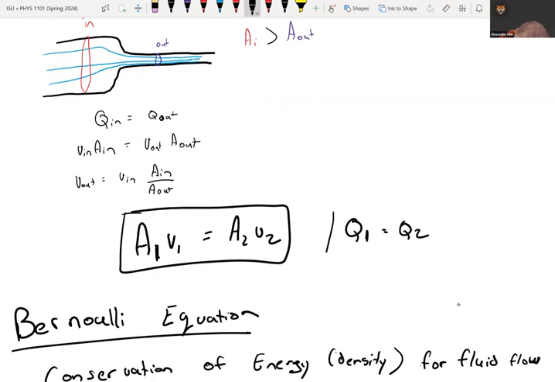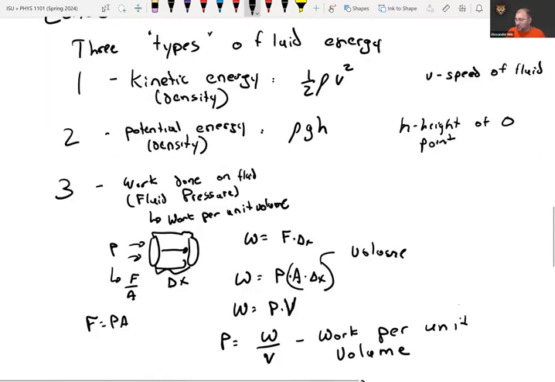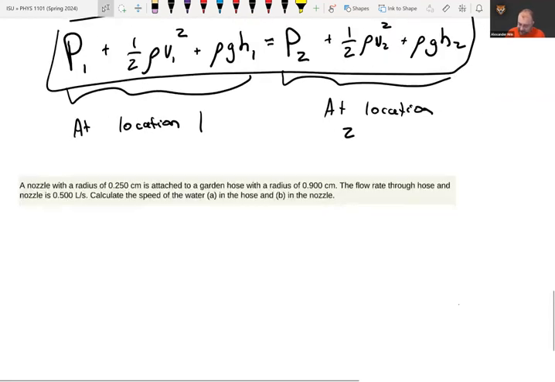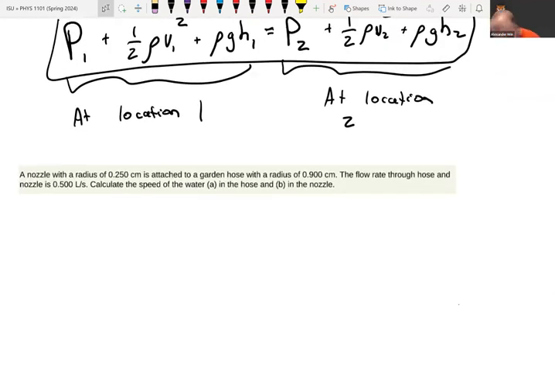And again, remembering that Q1 and Q2 are the volumetric flow rates, because sometimes that's what you're given instead of a fluid speed. It says a nozzle with a radius of 0.25 centimeters is attached to a garden hose with a radius of 0.9 centimeters. The flow rate through the hose and nozzle is 0.50 liters per second. Calculate the speed of the water in the hose and in the nozzle.